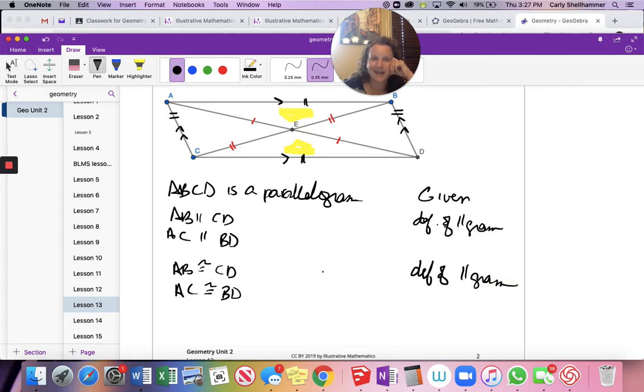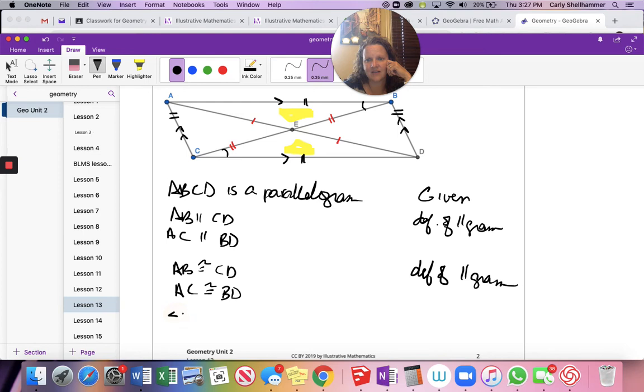And those are all the things I've marked so far. Now let's talk about the angles. I can say this angle is congruent to this angle, because when the lines are parallel and cut by a transversal, the alternate interior angles are congruent.